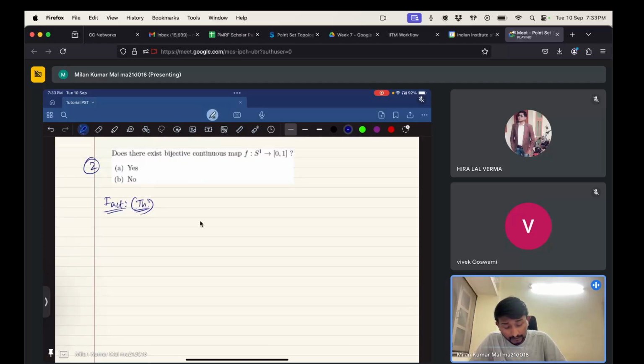So the theorem is: let X and Y be two topological spaces, and F from X to Y a continuous bijective map.